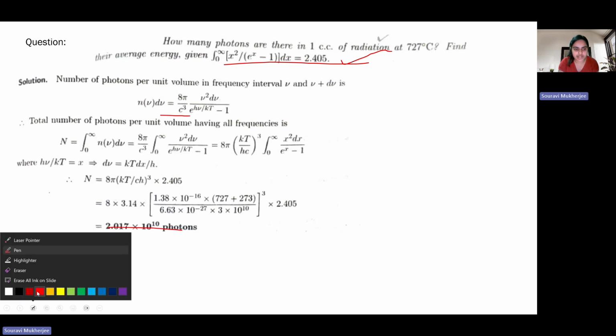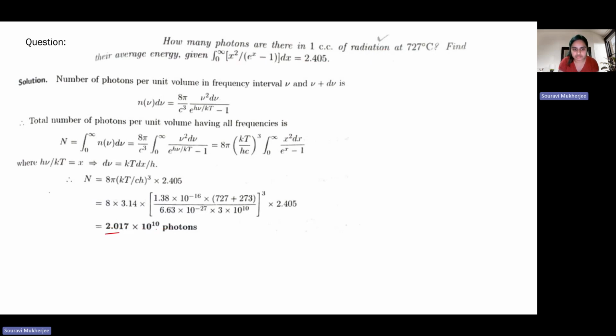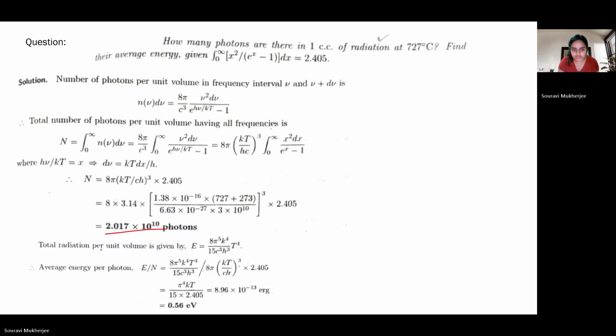Right. Now, once you have the total number of photons, that is the first part, how many photons. Now, it asked what is the average energy? So total radiation per unit volume is given as this relation here. We already know this from our understanding of radiation. E is proportional to T to the power 4, and this is how the proportionality constant looks.